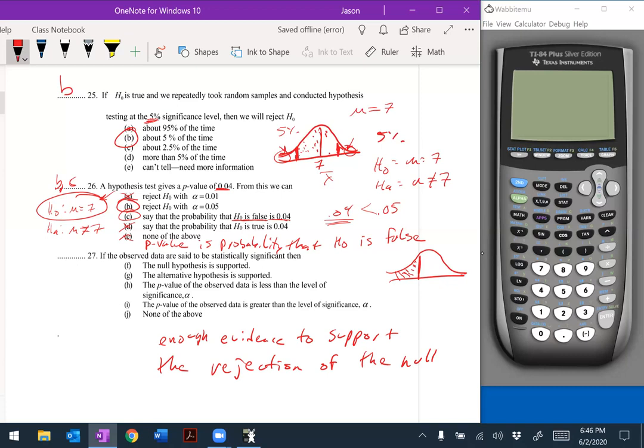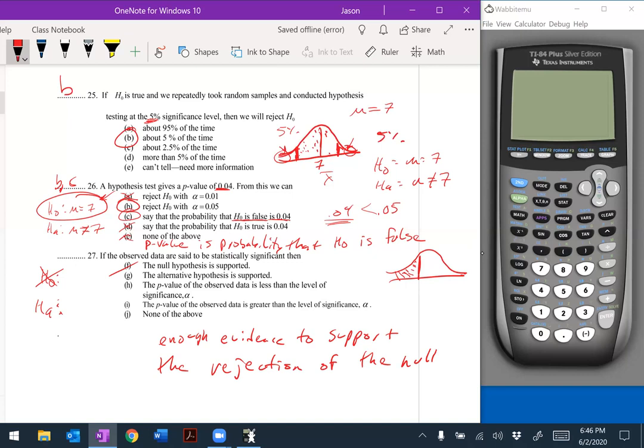Is the null hypothesis supported? No, we're going to reject the null. Is the alternative hypothesis supported? Yes, we're going to reject H0 in favor of HA if this is the case.